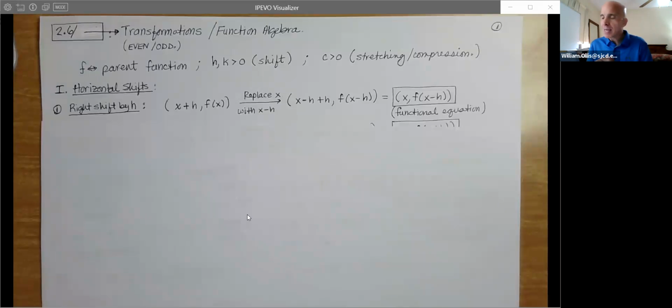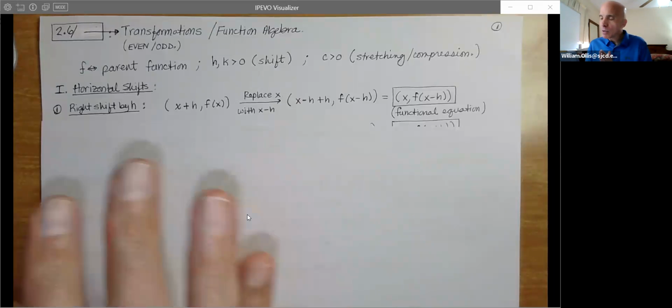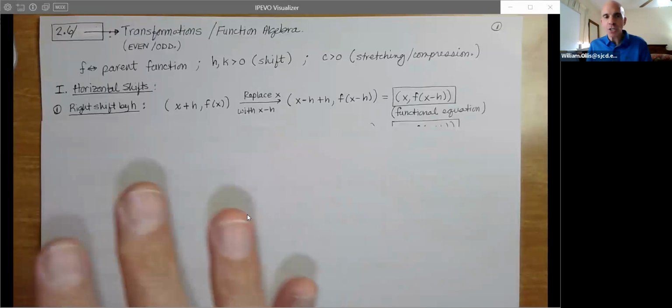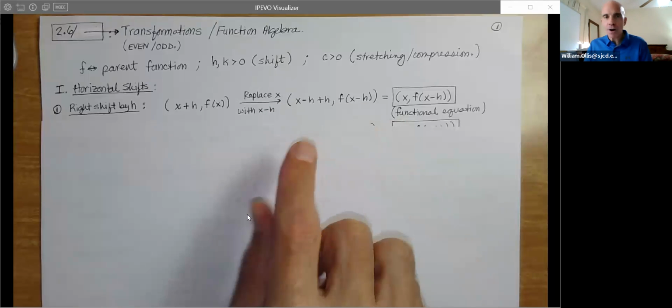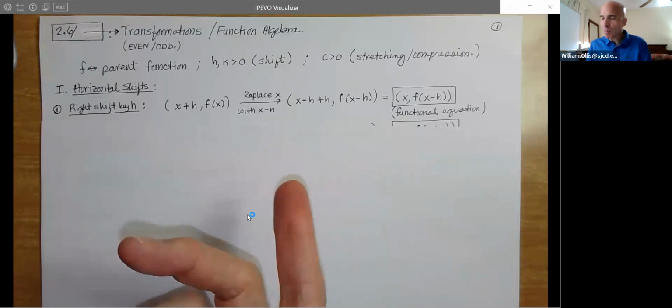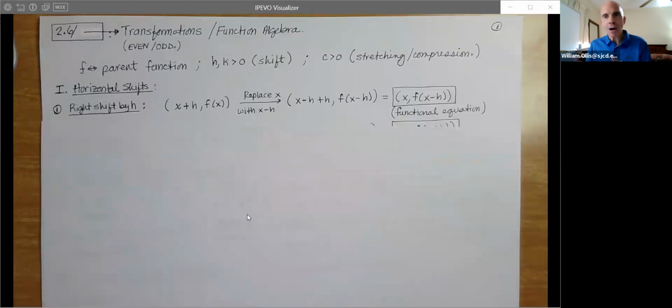Now, the letters used and the phraseology used with this type of algebra, that is these transformations, can vary. And so I want to be very explicit today about what I plan to use. And I want you to be flexible because as you look on the internet, as you use other books and things, the content will be the same, but lots of times different letters are used and the descriptions can vary, but everything pretty much means the same.